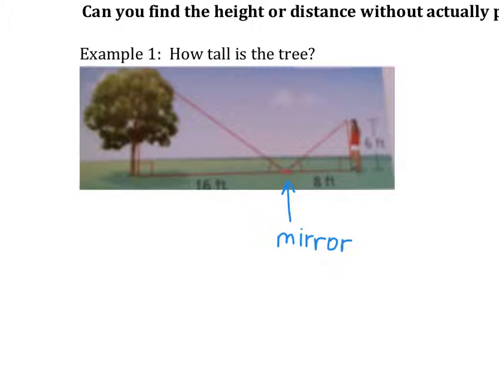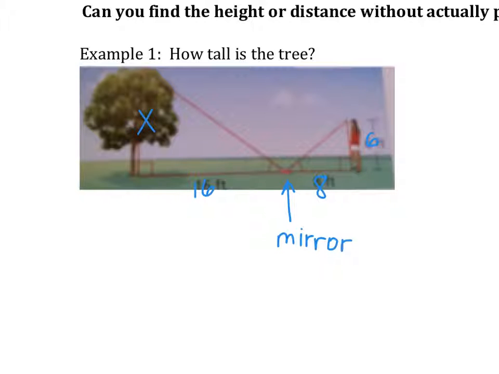What you do is you look at the mirror and then line yourself up so you can see the mirror, the top of the figure, and the mirror. It makes congruent angles right here, and since you should be standing straight up and down and so should your object, you have 2 angles. So they are similar. You got 16 here, 8, and 6.